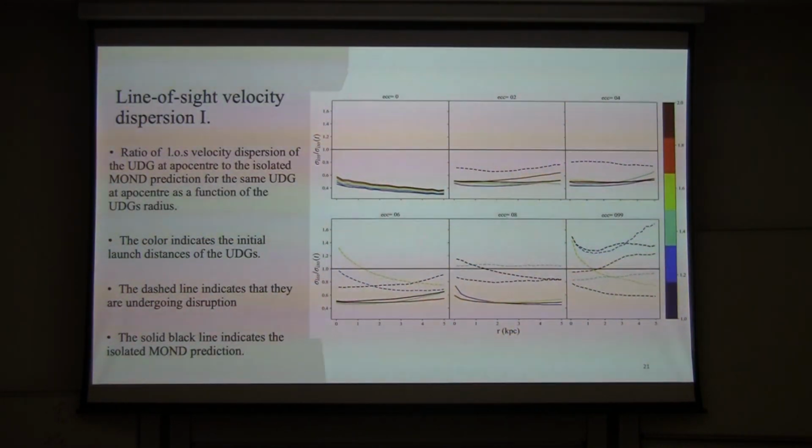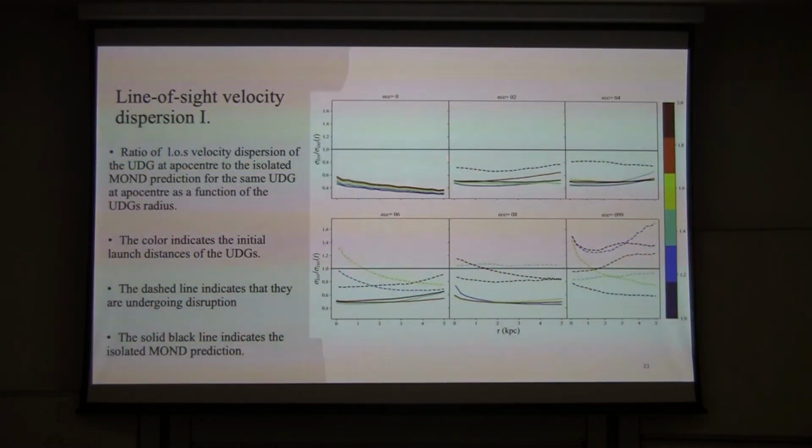Now, this is the most important result that I wanted to present: the line of sight velocity dispersion. Firstly, when we launch these galaxies into the Coma cluster, we can only catch them at their apocenters, so we are most likely to catch them there.